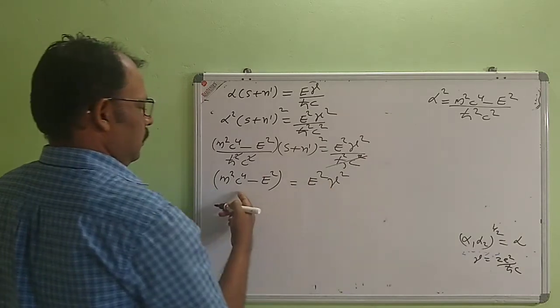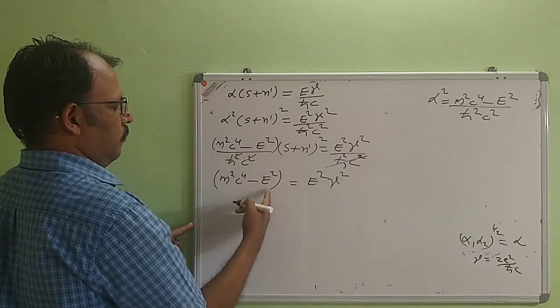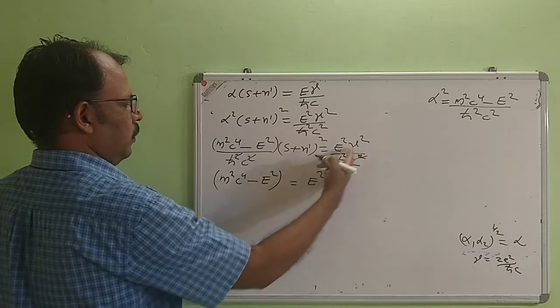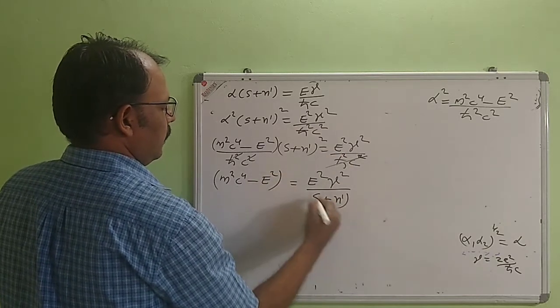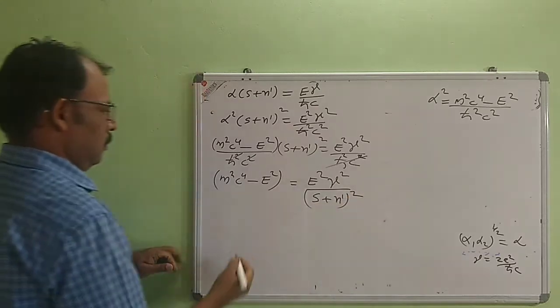So we will be having m square c raised to 4 minus E square equal to E square gamma square divided by s plus n dash the whole square.